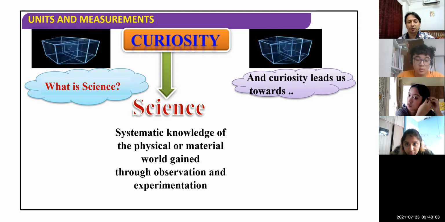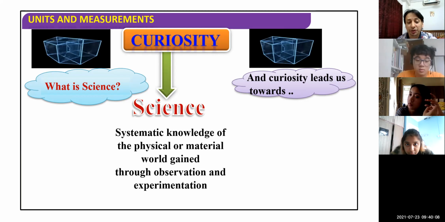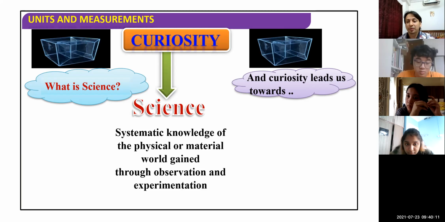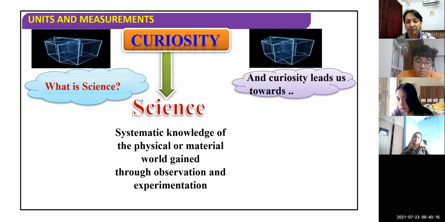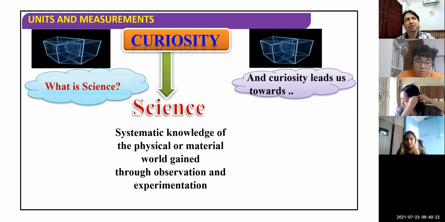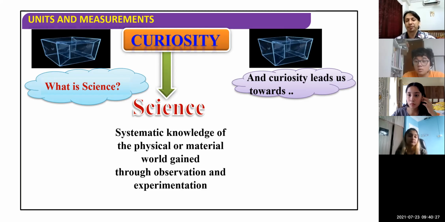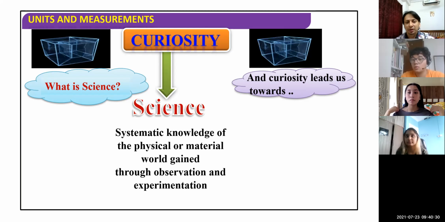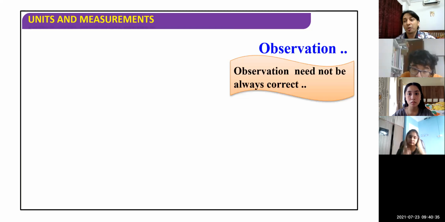Science is systematic knowledge of the physical or material world gained through observation and experimentation. The knowledge acquired by observing any phenomena, or by doing certain experiments, this observation need not always be correct.